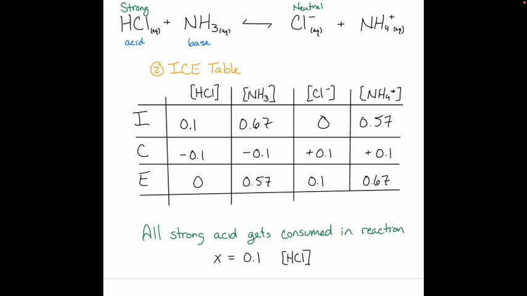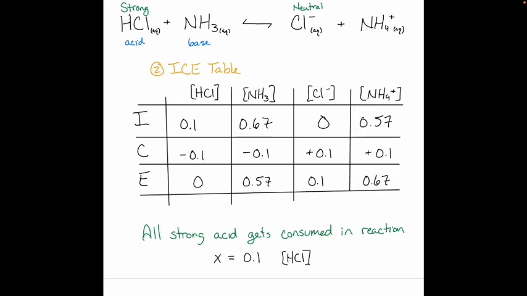So my HCl concentration goes down to 0 because it all got reacted. My base concentration decreases by that same amount, so my base goes from 0.67 to 0.57. When this reaction occurs, it makes more of my conjugate acid. So my conjugate acid concentration increases from 0.57 to 0.67.